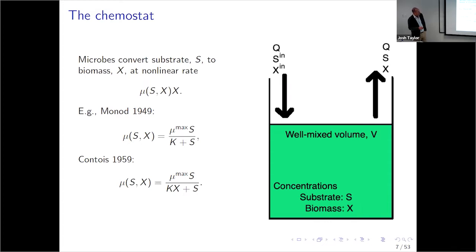You can see this is basically the simple expression that can capture diminishing returns, where it tops out at mu max and it starts off at 0. So it looks like that. And Contois is basically similar, also a popular function. And instead of just having K there, we have K times X. And we're going to focus on those two, but there are other cases we can also consider.